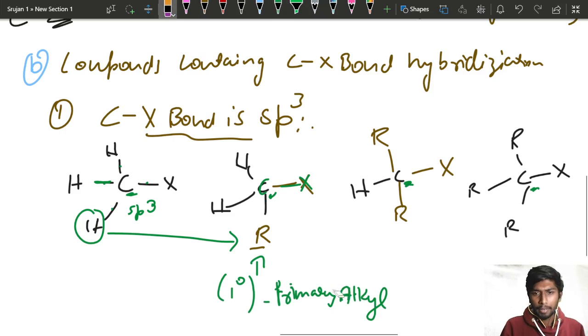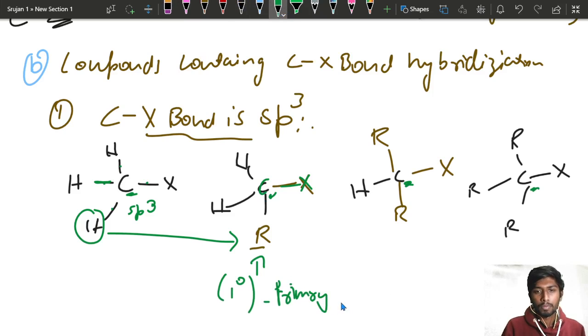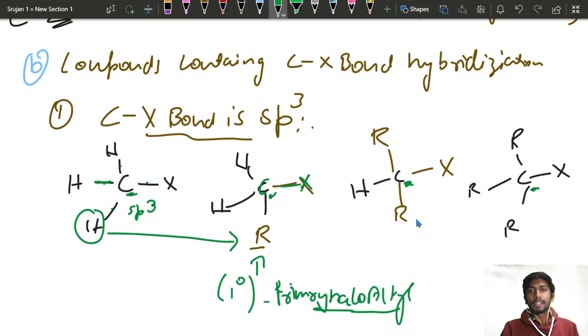You can write it as a primary haloalkyl.